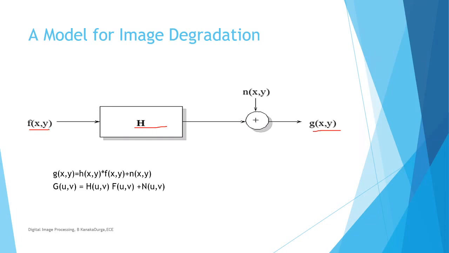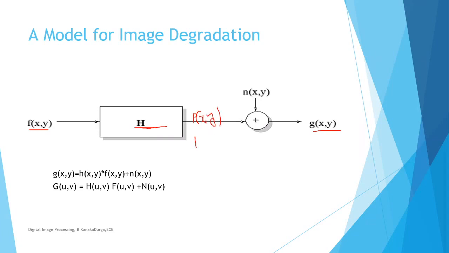So according to the mathematical equation, we can write the function g of x comma y is equal to f of x comma y convolved with h of x comma y, and the noise added over here is called n of x comma y. Intermediately I can call it p of x comma y.